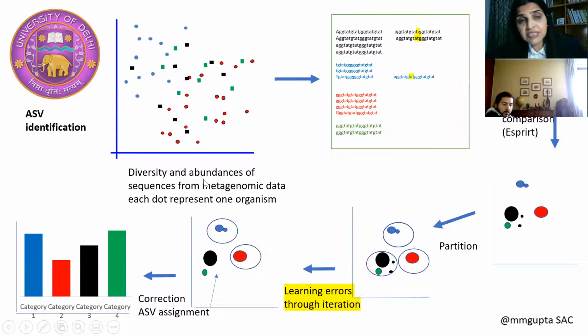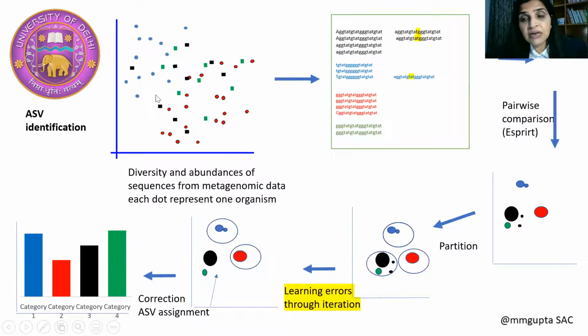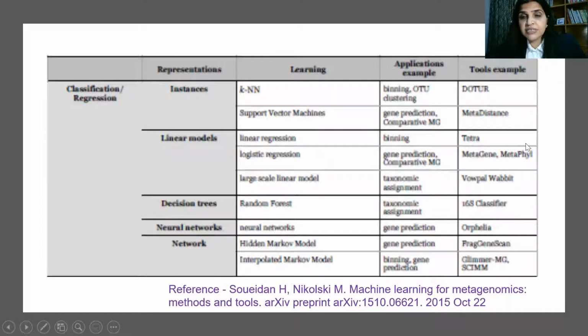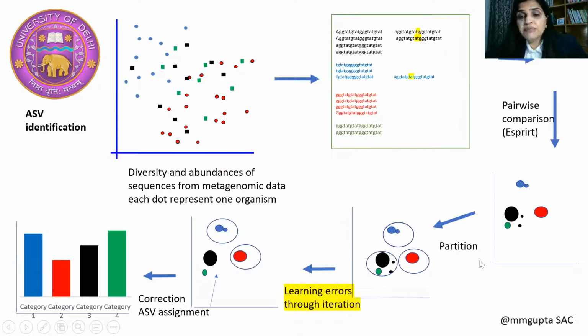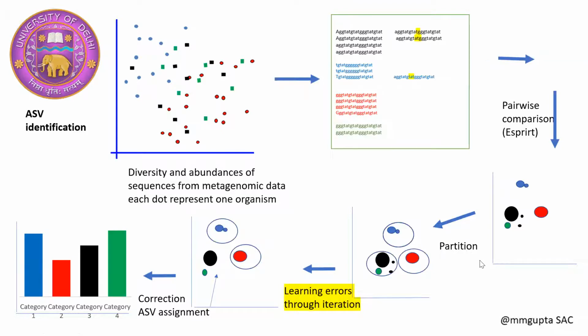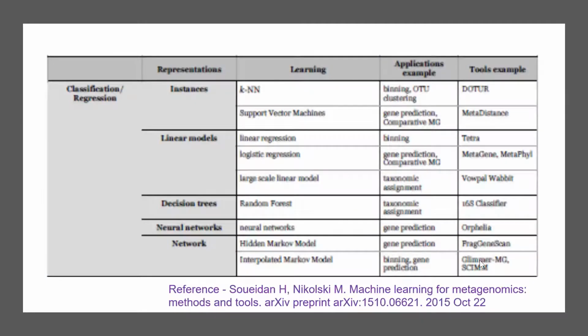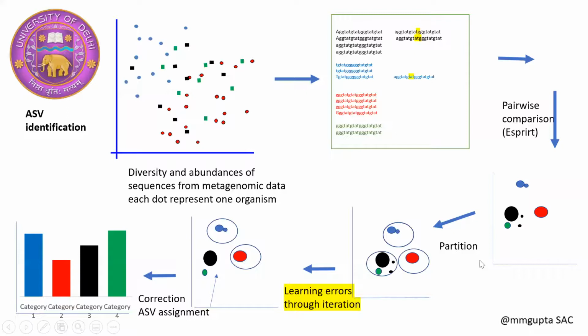Same data, same things: we had four types of organisms present hypothetically, and we had errors in the sequencing. We did pairwise comparison like earlier. What happens is it learns errors through iteration.